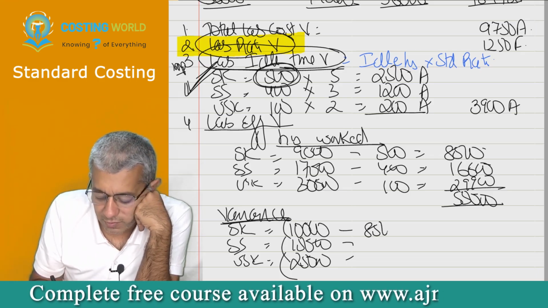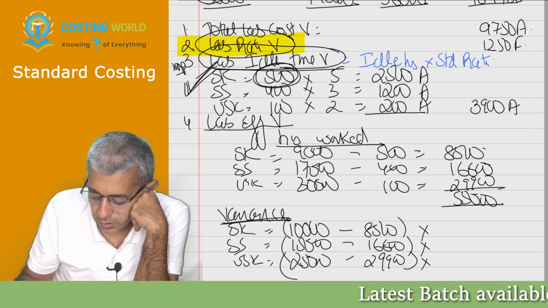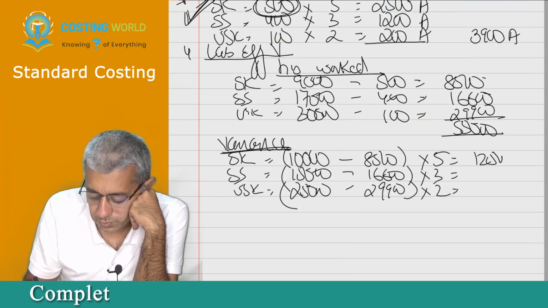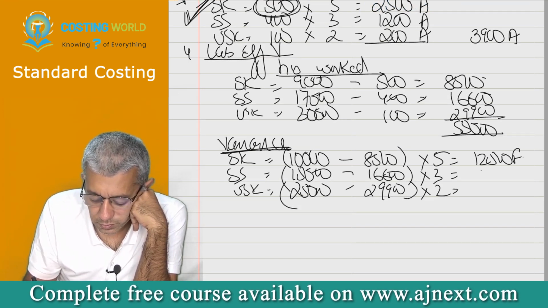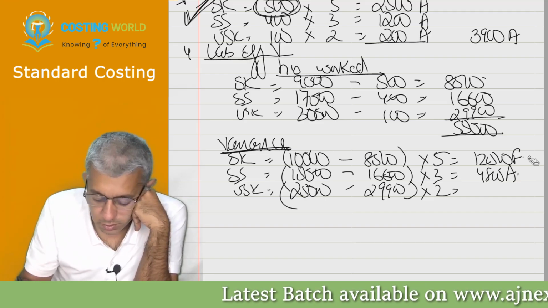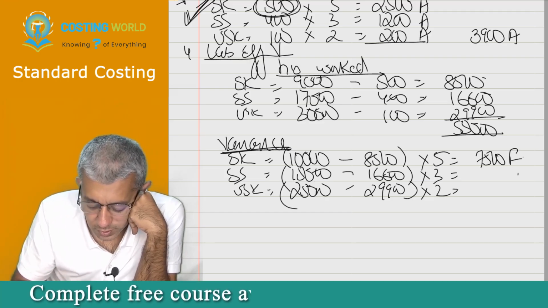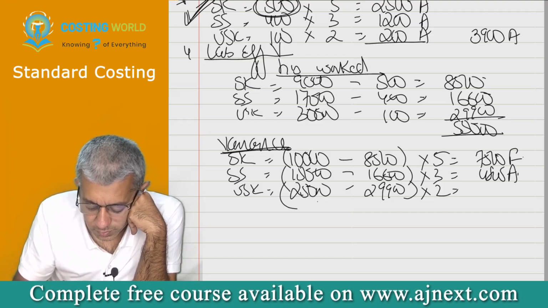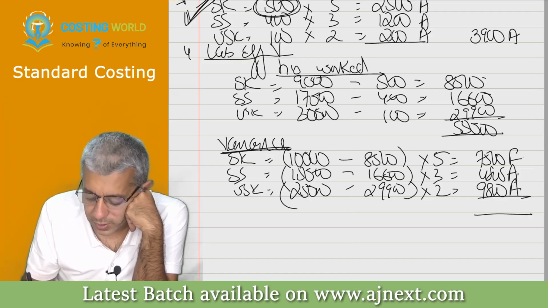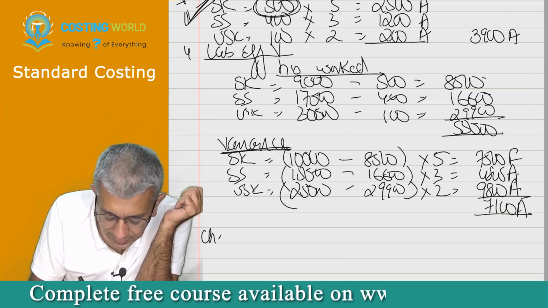So therefore minus 8,500, 16,600, 29,900 into 5, 3, 2. 12,500 favorable, 4,800 adverse. 1,500 into 5, 7,500 favorable, 1,600 into 3, 4,800 adverse, 9,800, 4,900 into 2. Net answer is beta how much? 7,100 adverse.